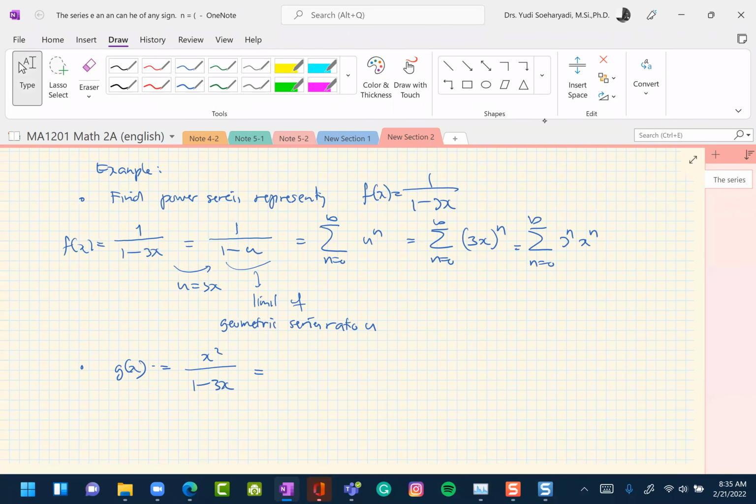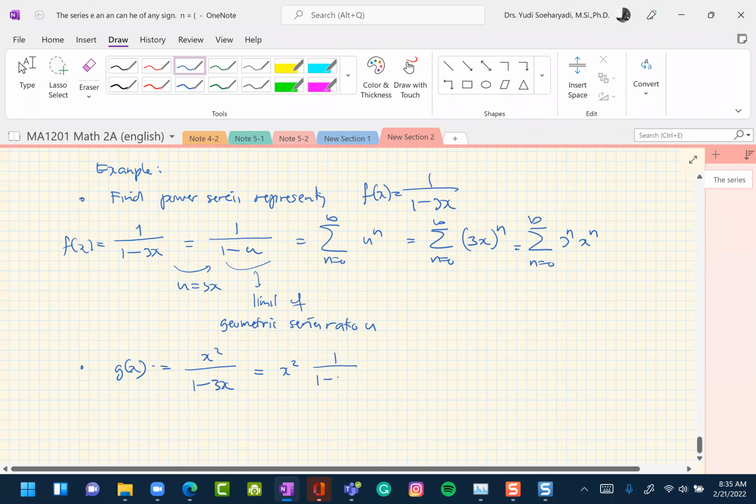All right, so that's the condition. So this is x squared times 1 over 1 minus 3x. It means f of x is this part.